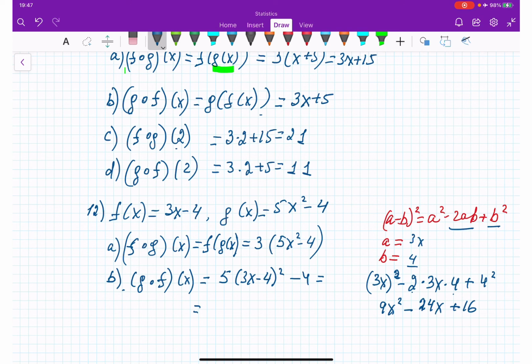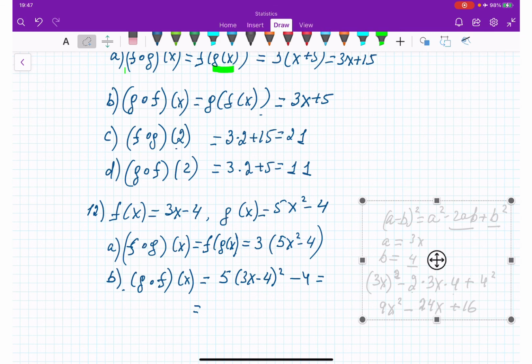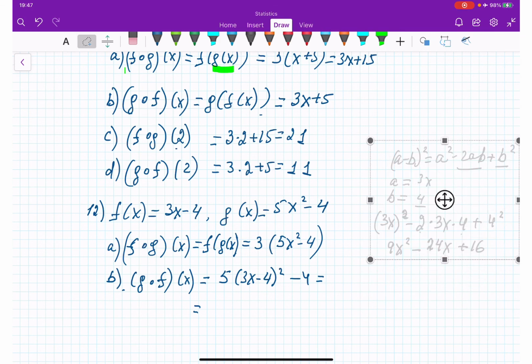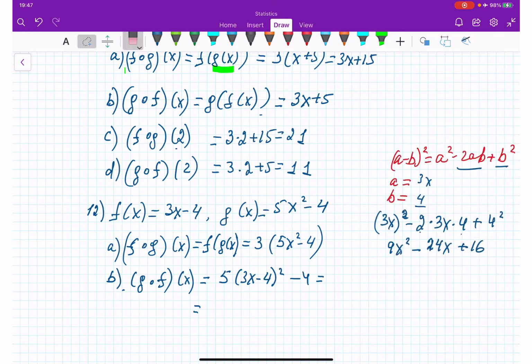So what do we get here? 5 times, let me move this higher. Okay, and I can continue right here. So I'm going to plug 5 times, instead of 3x minus 4 squared, 9x squared minus 24x plus 16, and then minus 4. Okay, let's simplify.